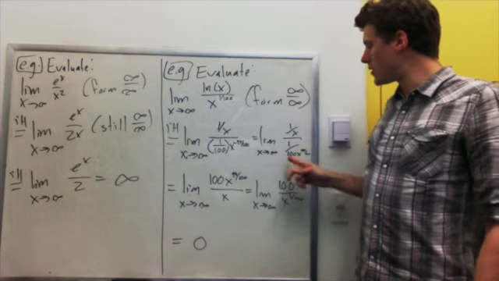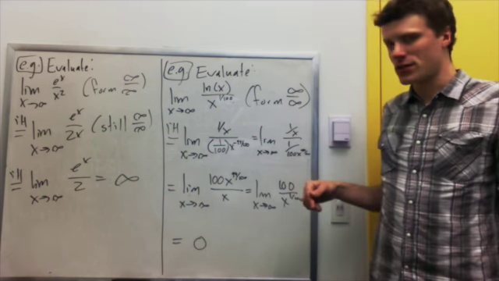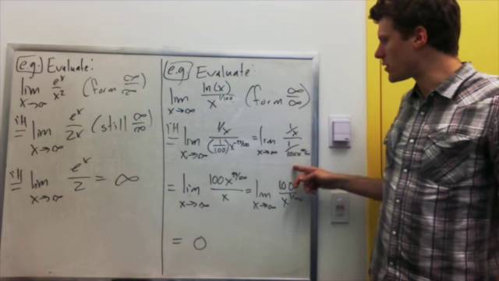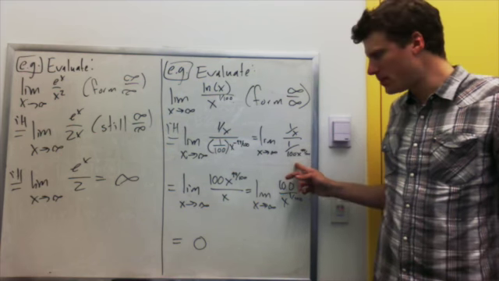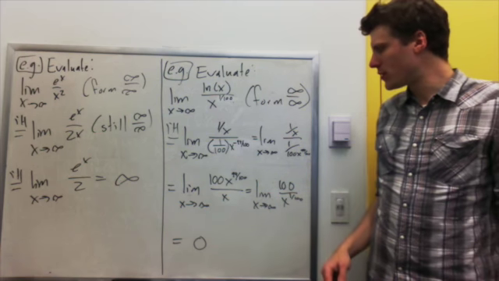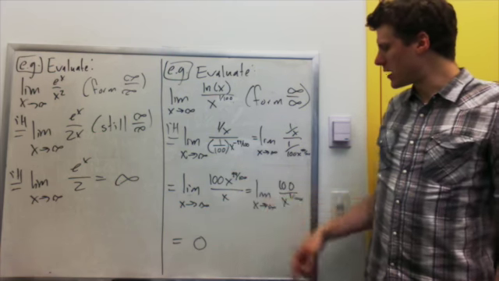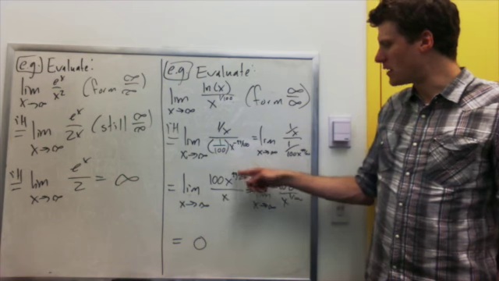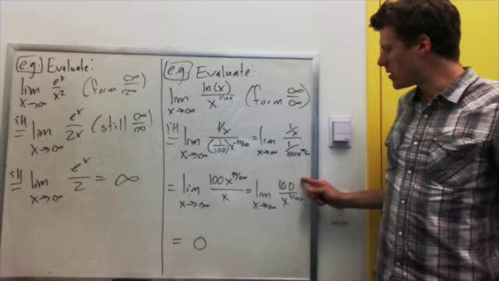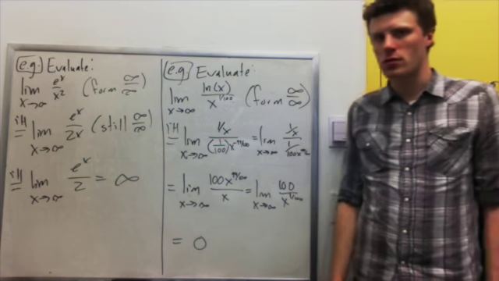So the bottom is the same as 1 over 100 times x to the 99 over 100. Then the ratio of two fractions is the top times the reciprocal of the bottom. So I get 100 x to the 99 over 100 divided by x. I can bring this power of x downstairs by subtracting 99 100ths from 1. That gives me the limit as x goes to infinity of 100 over x to the 1 over 100.